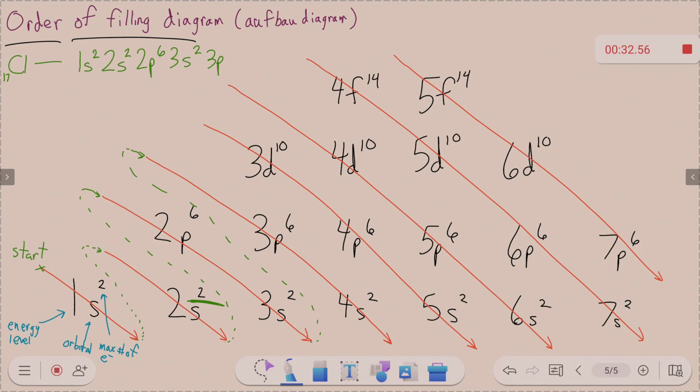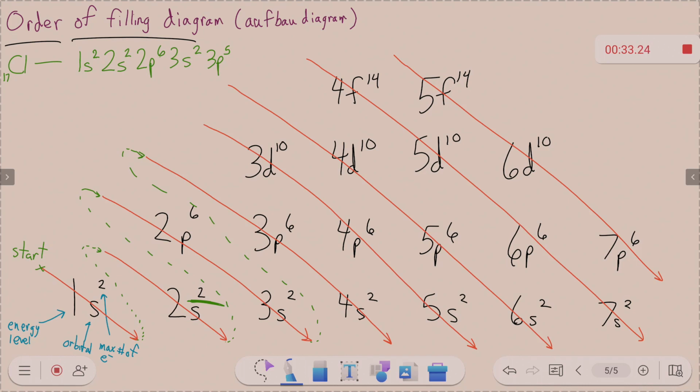Chlorine atoms only have 17 electrons, so I say 3p5, indicating there are, in this chlorine atom, only 5 electrons placed into that energy level of 3 and orbital type of p, as opposed to the Aufbau diagram, which gives you the maximum number possible. You can have less than the maximum. That's okay.